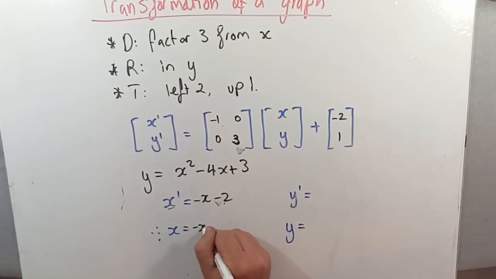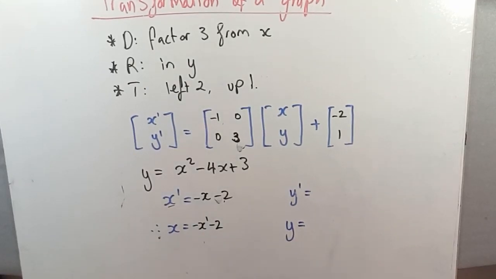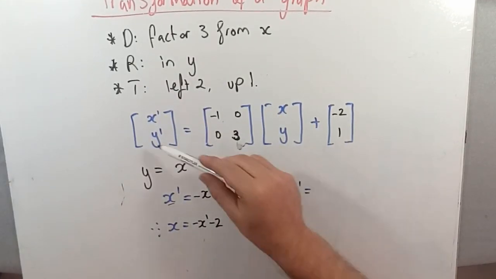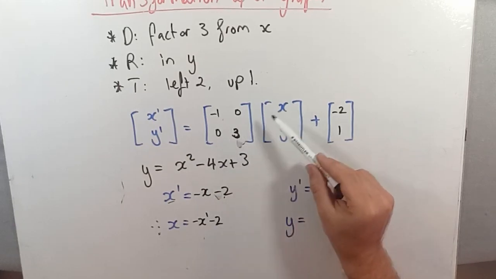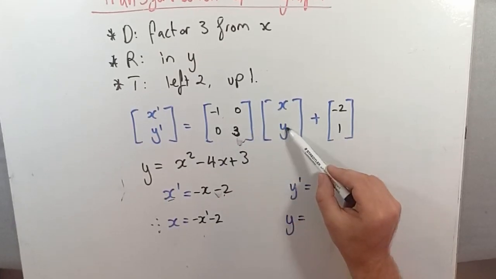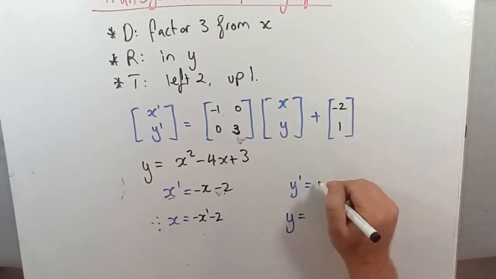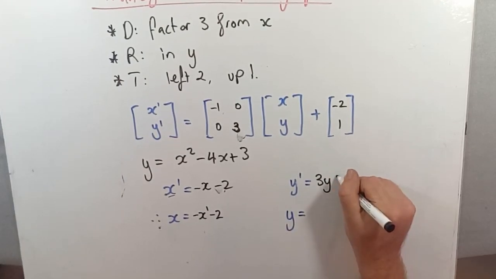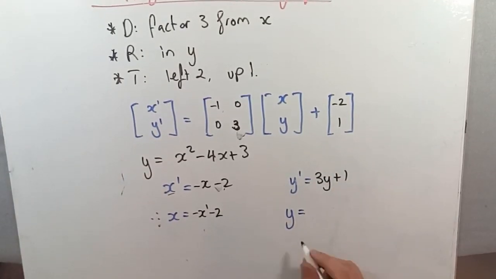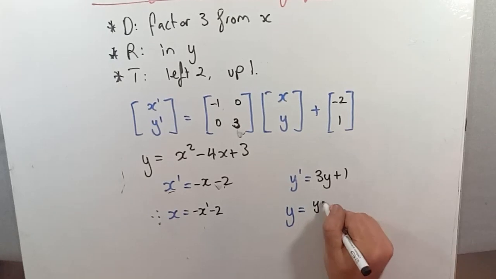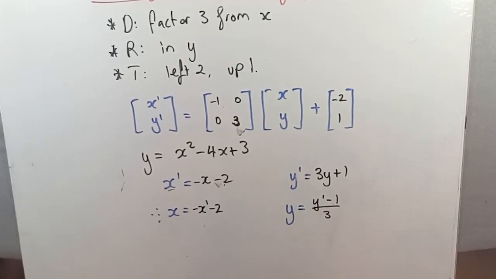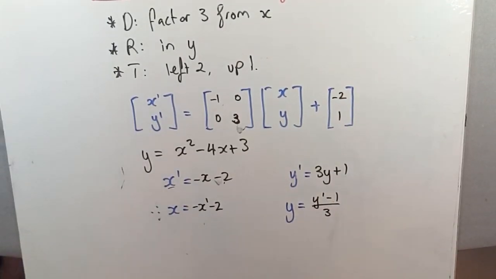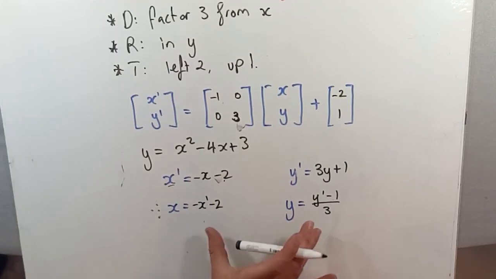I get negative x image minus 2. Let's do the y's. So the y is going to equal 0x plus 3y plus 1. So I get 3y plus 1. Rearrange for y, I get y image minus 1 all over 3. So that's my equations.